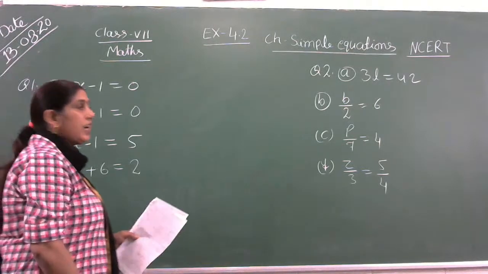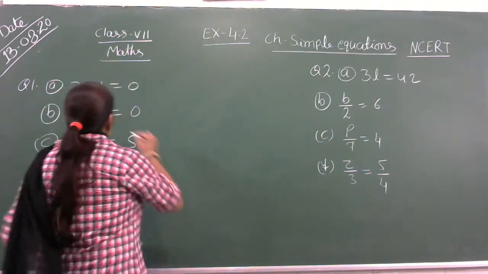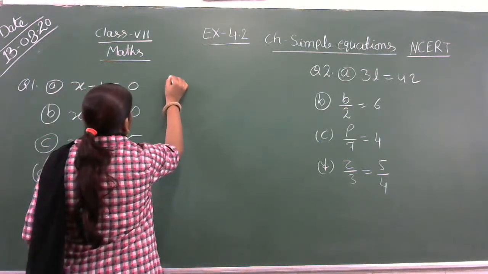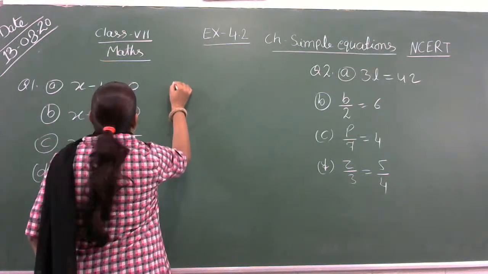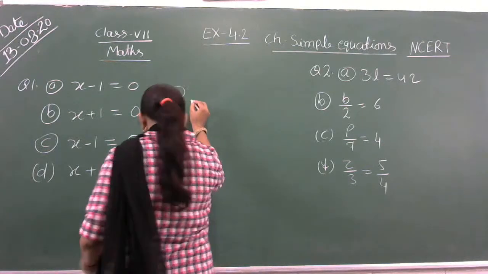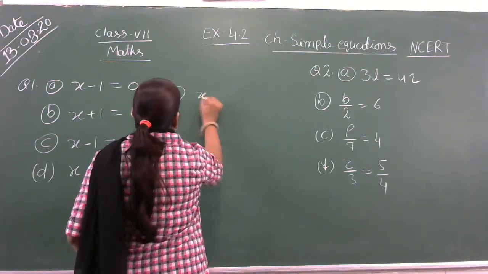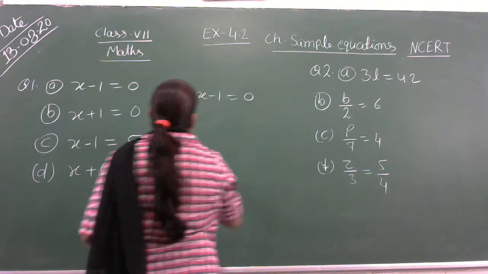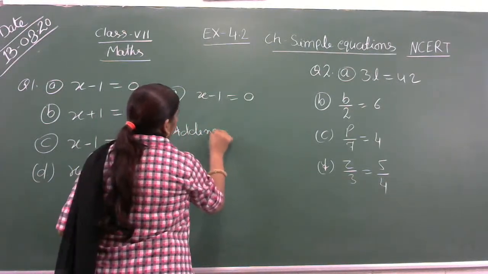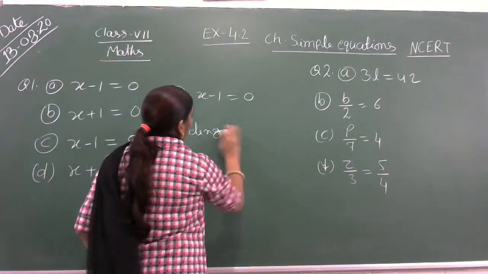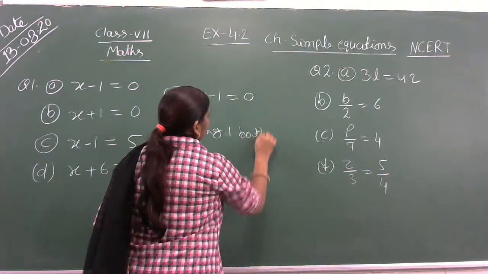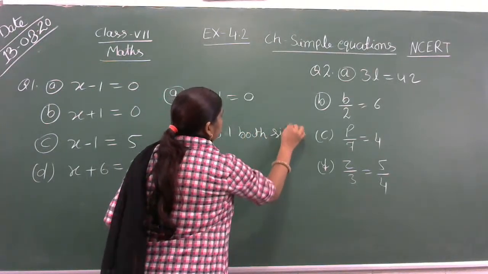So what will we do first? Given here x minus 1 equals 0, so first adding 1 to both sides.